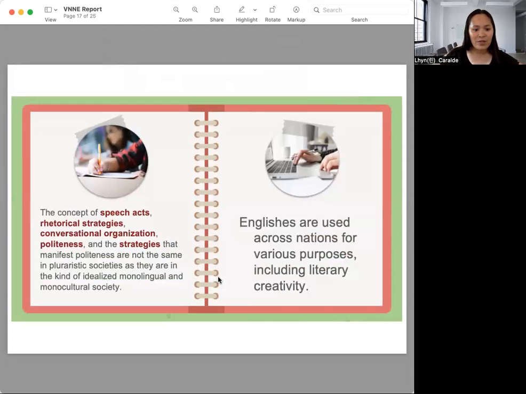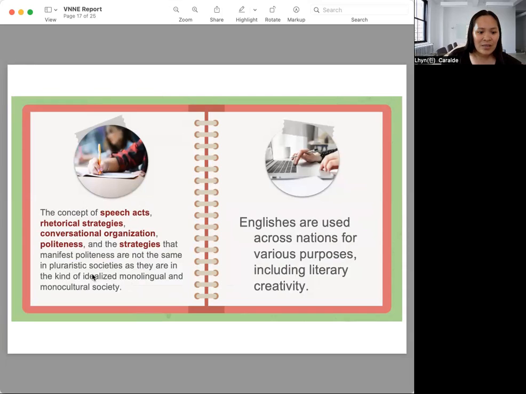The concept of speech acts, rhetorical strategies, conversational organization, politeness, and the strategies that manifest politeness are not the same in pluralistic societies as they are in the kind of idealized monolingual and cultural societies.